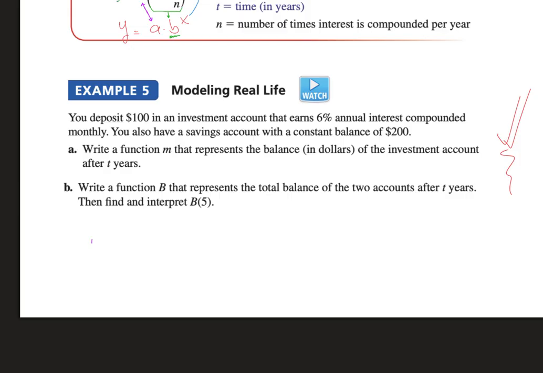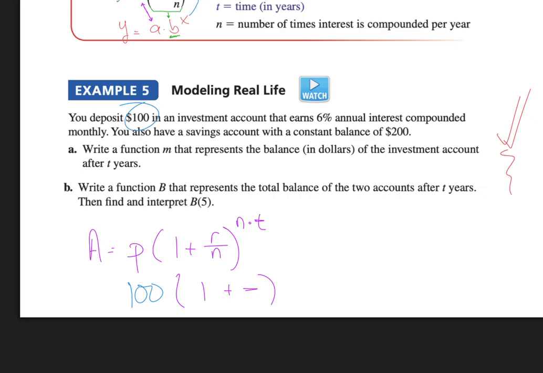Let's start right there. Our account equals the principal times 1 plus the rate over the number of times it compounds, raised to the number of times it compounds times time. And now let's just start plugging things in. So you got $100. I'm going to go ahead and do this because we're going to have that 1 no matter what, okay?